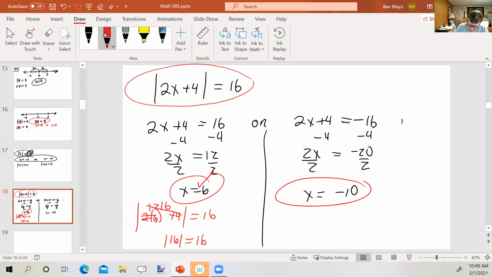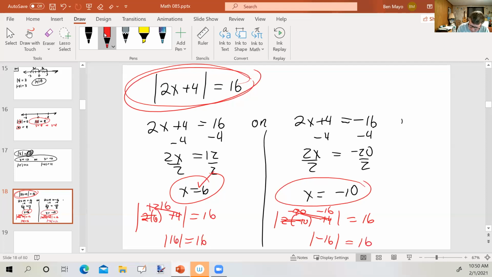Let's take x equals -10 and put that up here. The absolute value of 2 times -10 plus 4 equals 16. 2 times -10 is -20. -20 plus 4 is -16. The absolute value of -16 is 16, so it checks. Any questions?